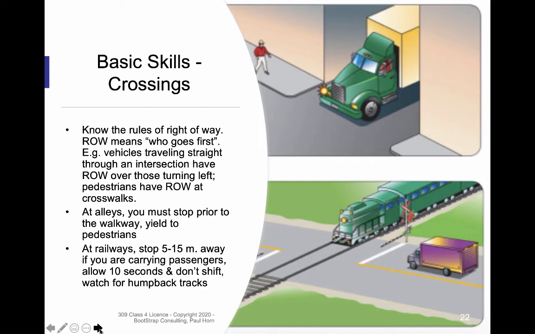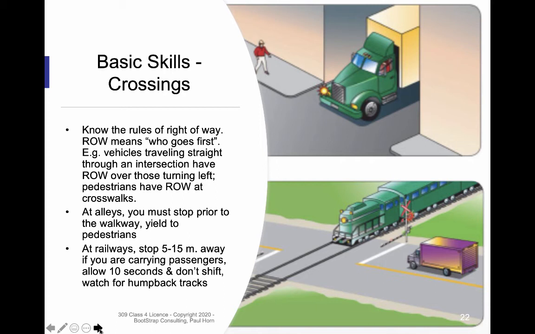You also want to watch for something called humpback tracks. Again, when you're driving a small vehicle, you probably don't have to think about this. But when you're driving a larger vehicle where the tracks are elevated above the road, and you'll see some examples of this in Matsqui, it's possible for you to actually ground your vehicle out, to drag part of your vehicle on the ground if you go too quickly over these areas.